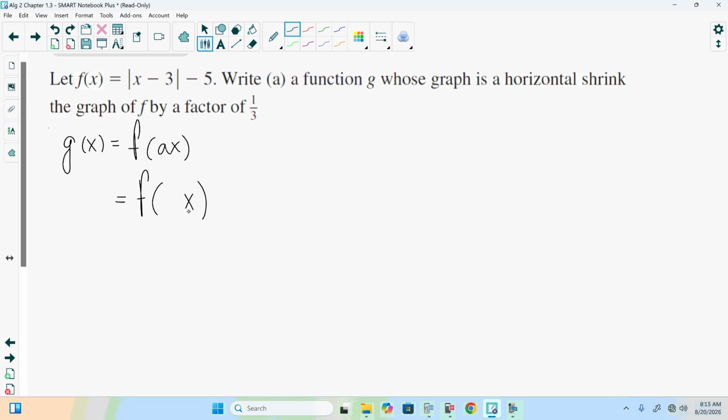Before you plug that value in, flip it. Put it as 1 over that amount. So if we flipped 1/3, the 3 is going to go to the top, 1 is going to go to the bottom. So the actual value of A is 3.